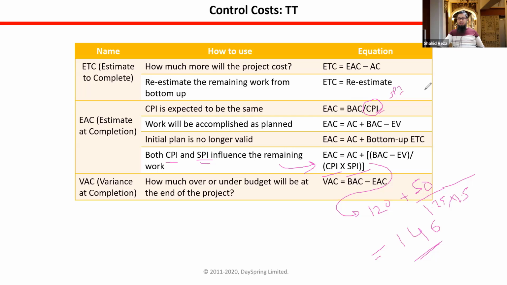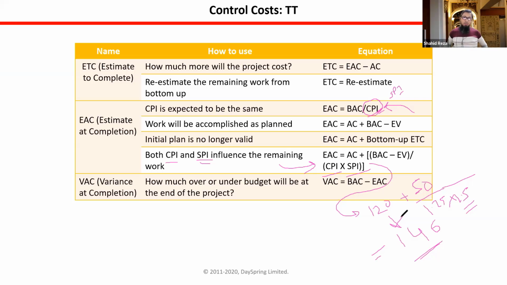So it is coming out better than the previous one, right? Because there we only considered CPI. CPI is good, but our SPI was excellent, 1.5. So when we consider these two, we get the lowest value. We can complete the project within $146.